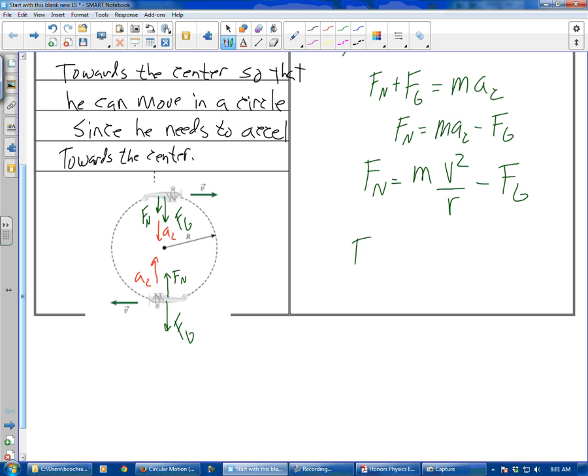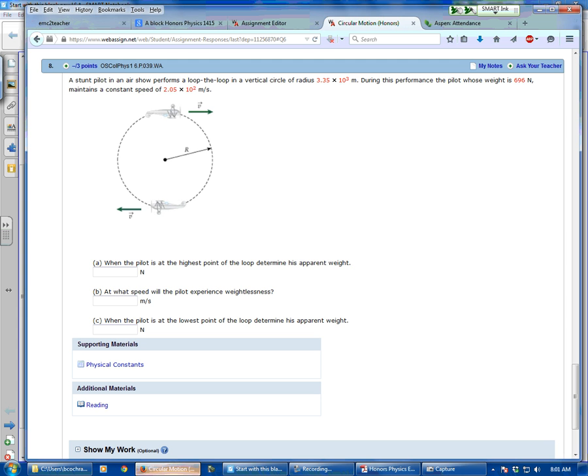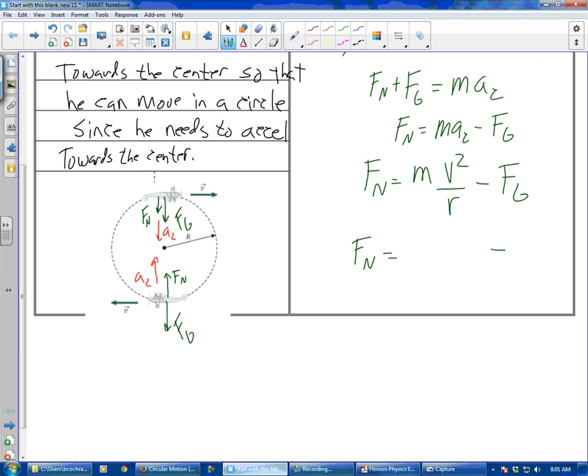They tell me his weight, right? The problem, mine is 696 newtons. So this is 696 newtons. They don't tell me his inertia, right?